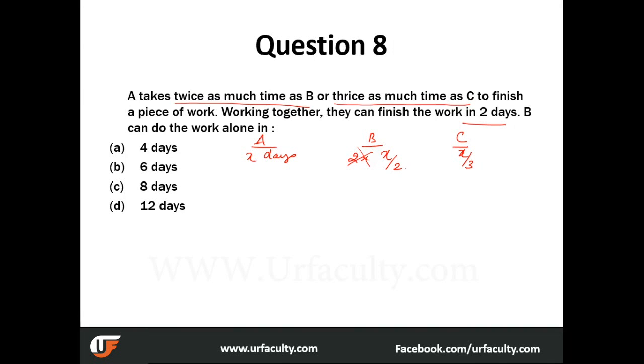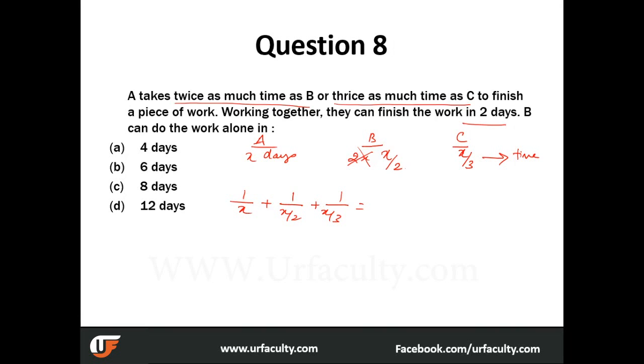Now, what are they asking for? Working together, they can finish the work in 2 days. So this is the amount of time taken. Now we have to go by the effort that they can do in one day, right? Then 1/x plus 1/(x by 2) plus 1/(x by 3) is equal to what?